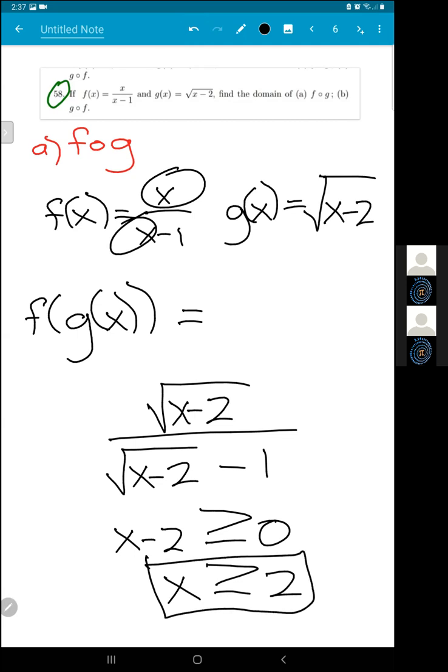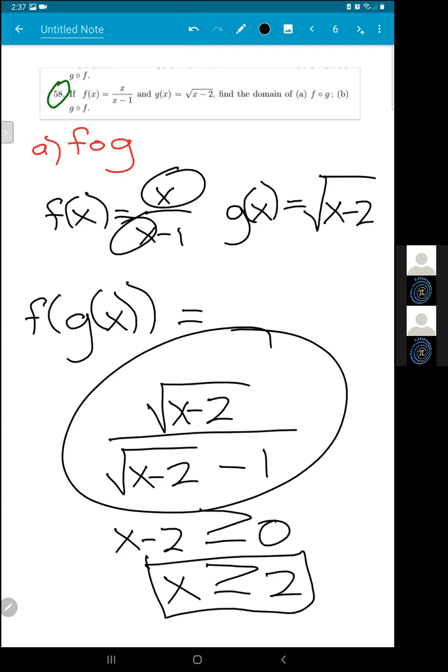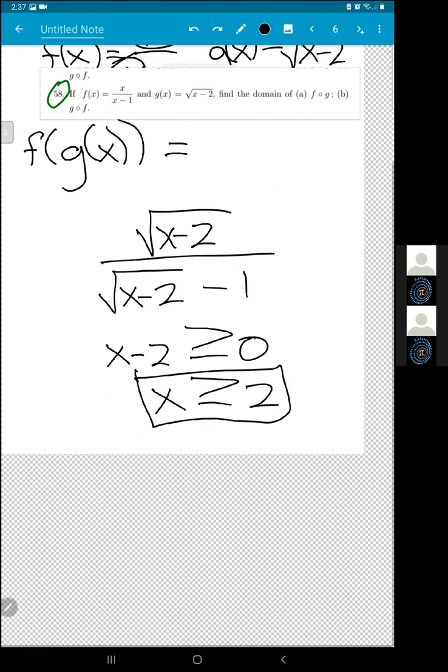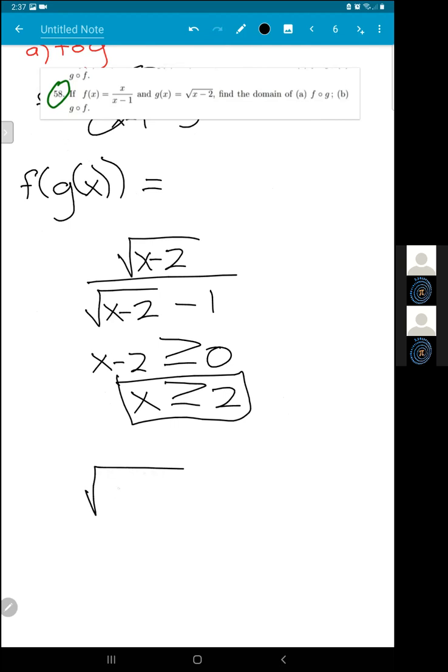But that's not enough. For the whole to be defined, you have a denominator. That means this one here should be non-zero. So we have to satisfy the condition square root of x minus 2, quantity minus 1, not equal to 0. And how do you solve this?